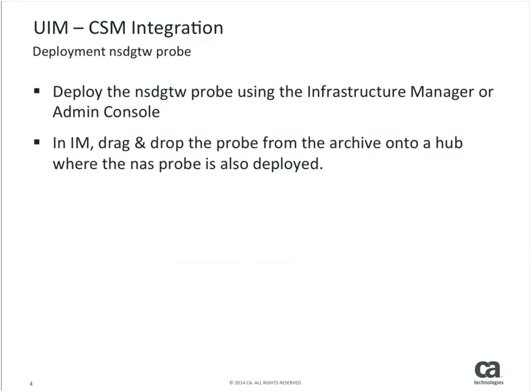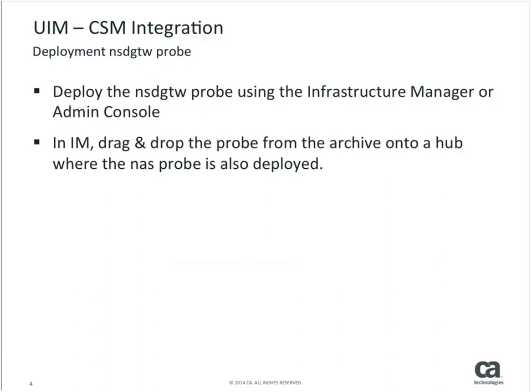The NSD gateway probe can be deployed in two tools, either in the Infrastructure Manager or in the Administration Console. However, there's one side note to make. You can deploy the probe without a problem in the admin console, but for all the configuration, you are forced to use the Infrastructure Manager, because currently the probe is not capable of being configured with the admin console.